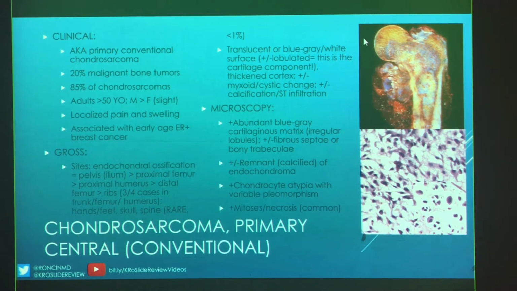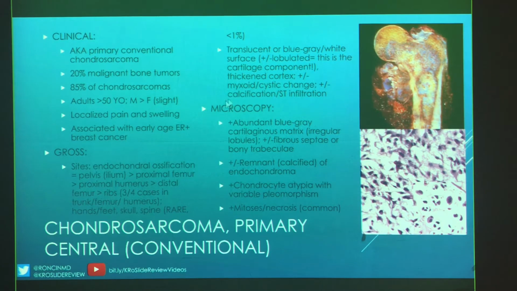And conventional type will account for 85% of all chondrosarcomas. These are older adults, slight male predominance, and they tend to be associated with localized pain and swelling. And they can also be associated with early hormones, so ER positive breast cancer.